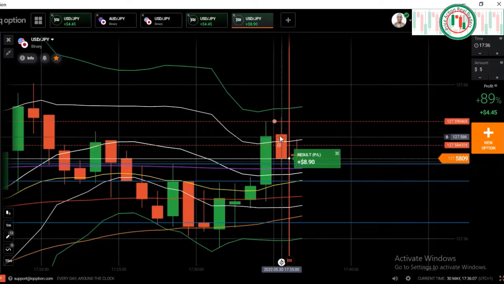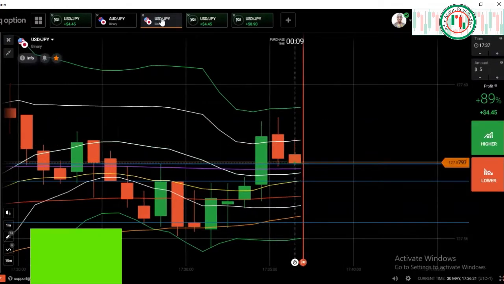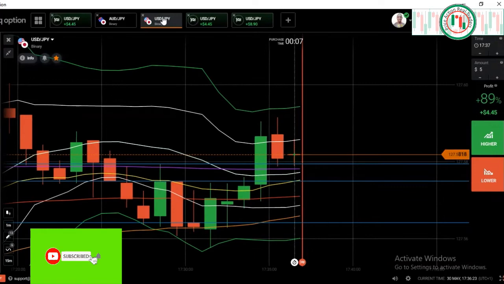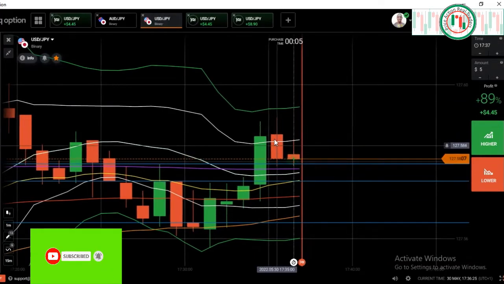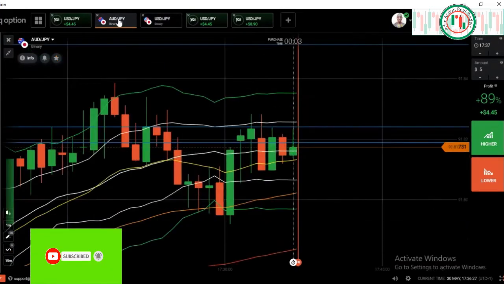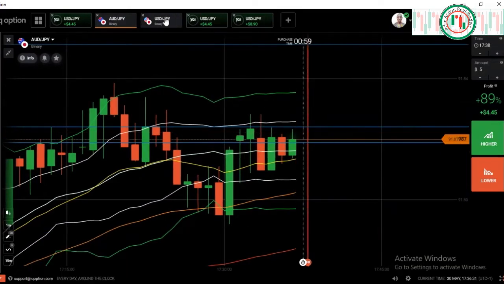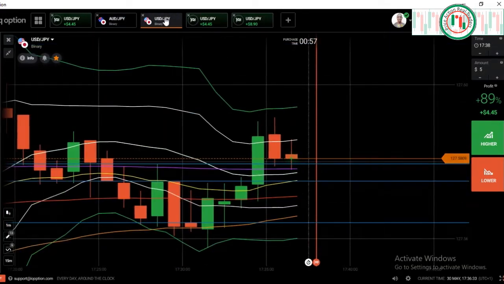And I see the movement of this candle, I know it must close below this zone, so that's why I place my trade again. So I place two trades at the same time because of the movement of this candle. So let's wait and see.